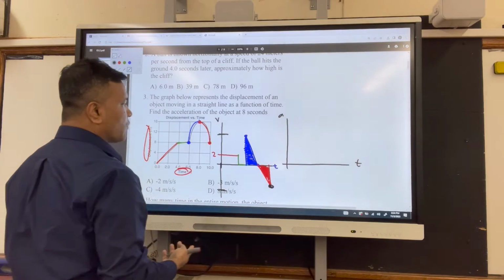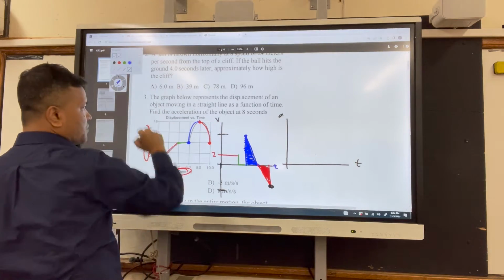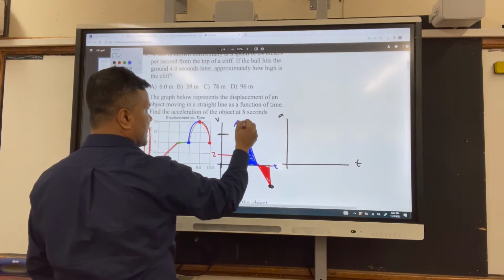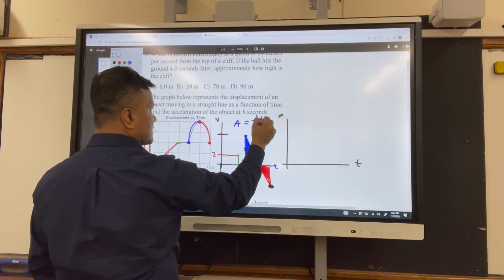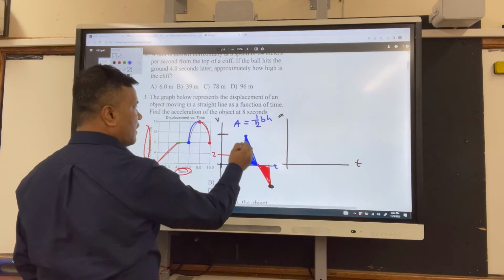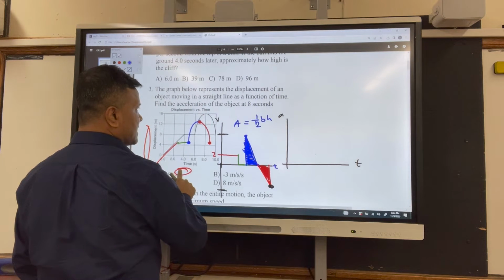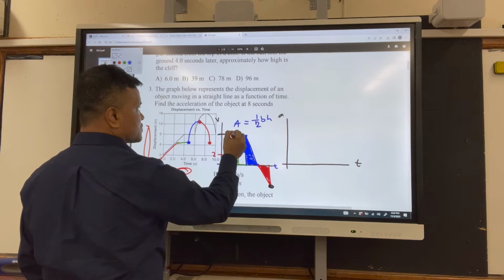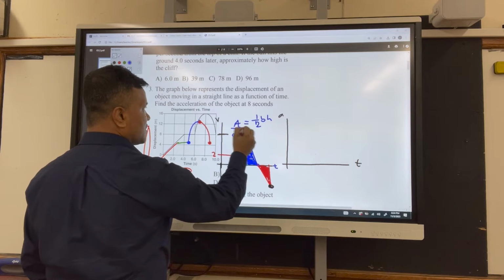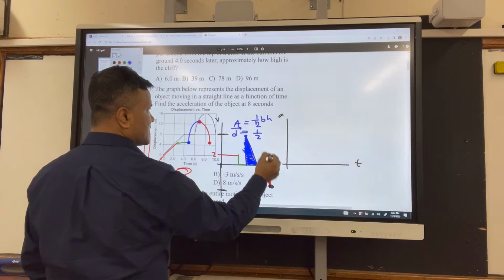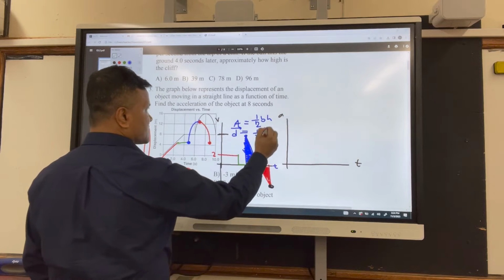So what do I know about the blue? The area of the blue is half BH, right? Area on a VT graph, so area has a name. Area is displacement. So we're going to call it displacement is equal to half. B has a name, T. And H has a name, velocity, right?